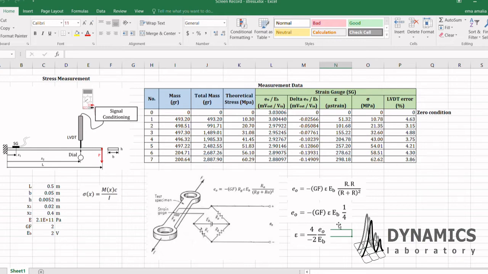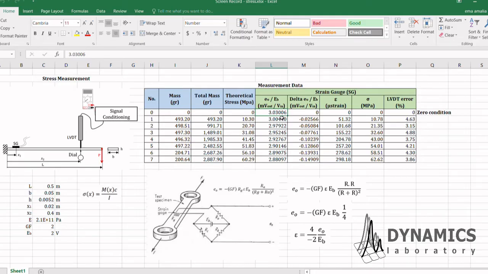From the LabVIEW program, we get the measurement data in the unit of millivolt output divided by volt input, as I wrote in this column. We didn't do zero setting before we started the measurement. That's why we need to get the zero condition data, and all the measurement data have to be subtracted by the zero condition data.